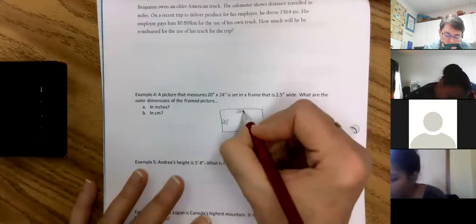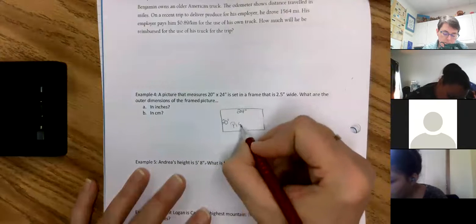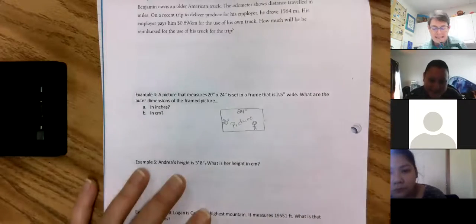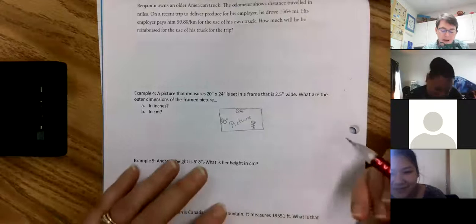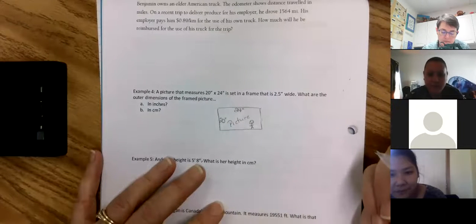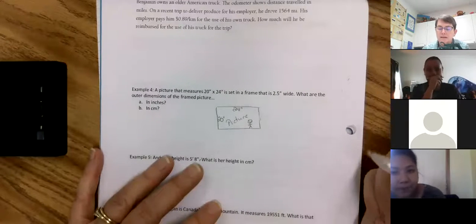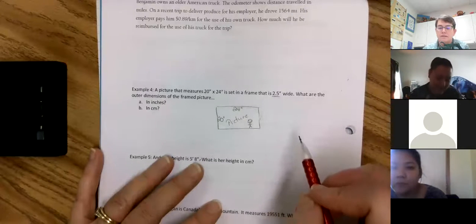And this is 24 inches. So there's my picture. They didn't hire me for my skills. And now we're going to put a frame on it. And how wide is that frame? 2 feet by 5 inches. Not quite. No, okay. John, do you know what this means? This part here? I just learned that too.